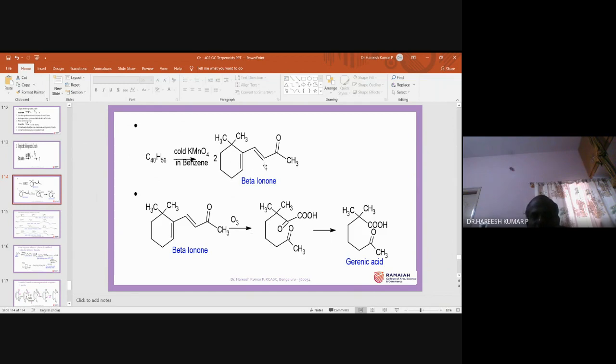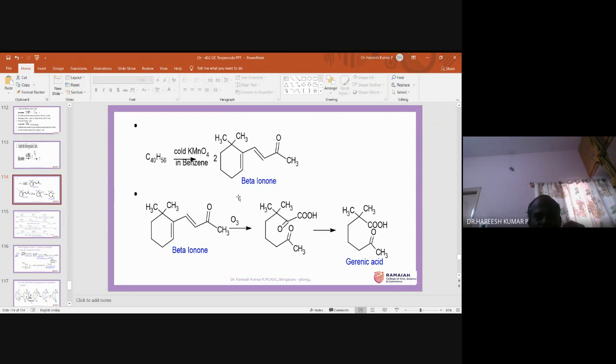If you write beta ionone, 1 mark; if you write geronic acid, that will be another mark. It's continuous; maybe you can make an arrow from here to here also, no problem. So this is about what happens when beta carotene is treated with KMnO4 and the obtained product is treated with ozone.